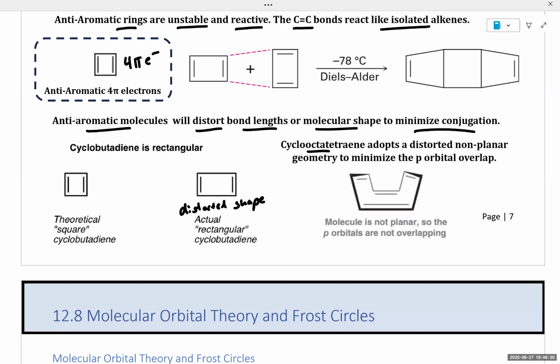Cyclooctatetraene, which is another compound that looks antiaromatic but isn't, adopts a distorted non-planar geometry to minimize p orbital overlap. So anytime a molecule is antiaromatic, anytime it has a ring containing 4n pi electrons fully conjugated in the ring, you're going to see that the molecule will typically adopt a distorted shape in order to minimize or break conjugation. So aromatic compounds, very stable. Antiaromatic compounds, very unstable.